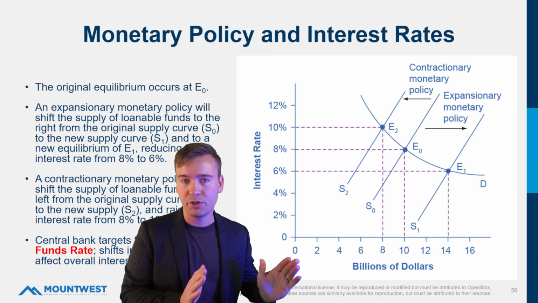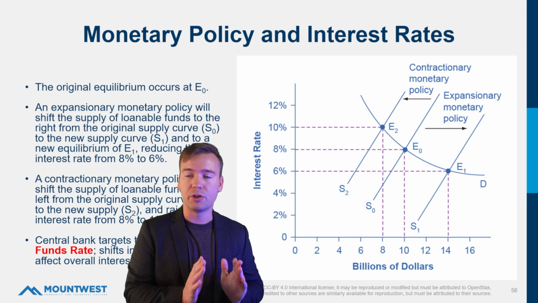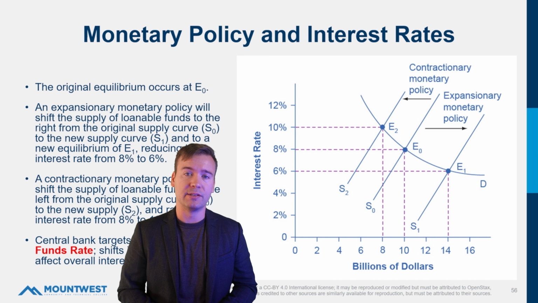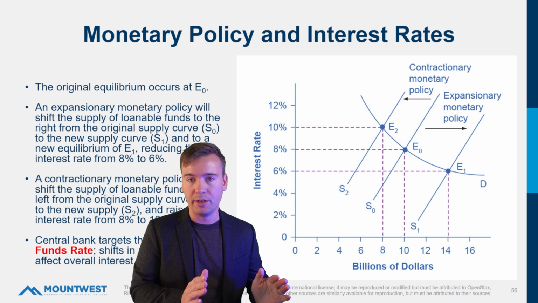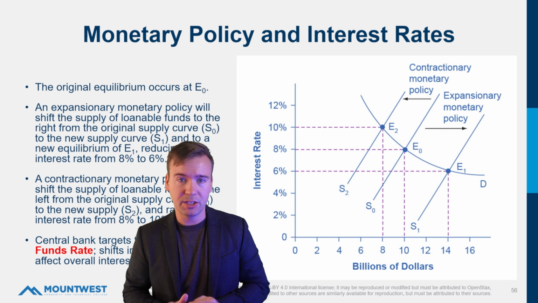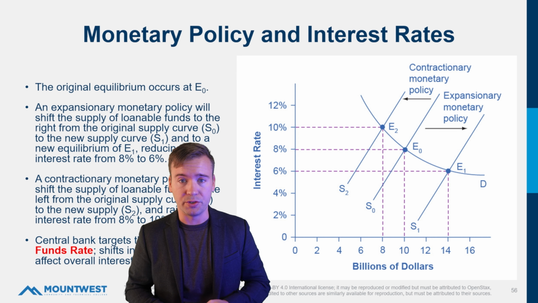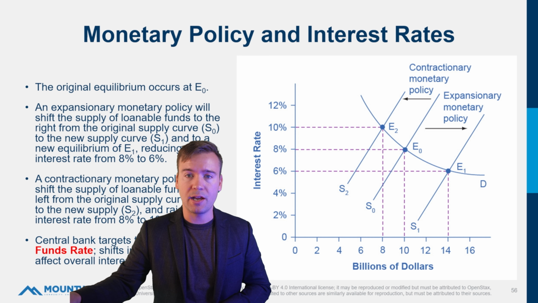A rightward shift from the initial supply curve S0 to the new curve S1. Now, as the supply increases, the equilibrium point moves to E1, which lowers the interest rates from 8% to 6%. Now, this decrease in rates encourages more borrowing and boosts spending and investment in the economy.